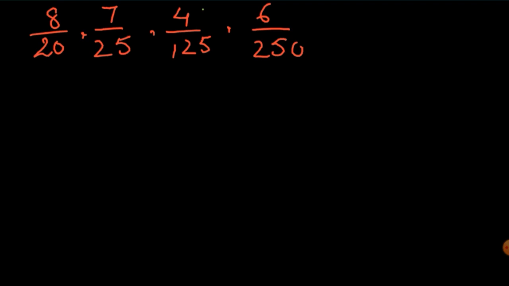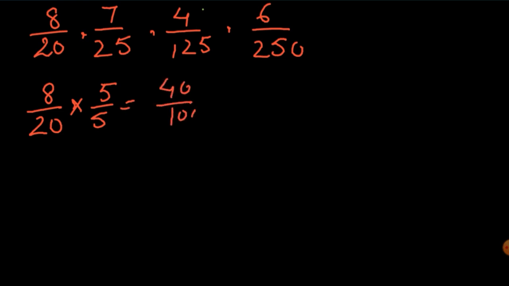We can convert the denominators of these fractions easily into 10, 100 and 1000. Like this 8 upon 20, we can convert this into an equivalent fraction with denominator 100. 5 times 20 is 100. So do remember it, 5 twenties are 100.